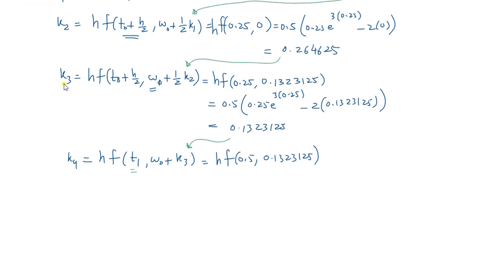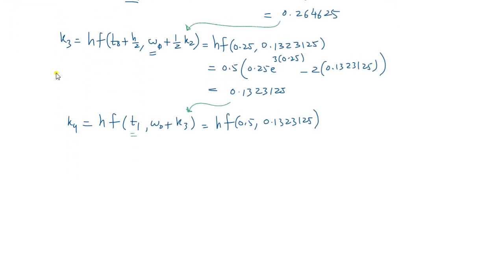Okay, so now H is 0.5, this is 0.5 e to the power 0.5 into 3 minus 2 into 0.1323125. So now you have 0.5 into 0.5 into e to the power 1.5. Like 3 into 0.5 is 1.5. Is this one, and minus 0.1323125. So this is 0.988.